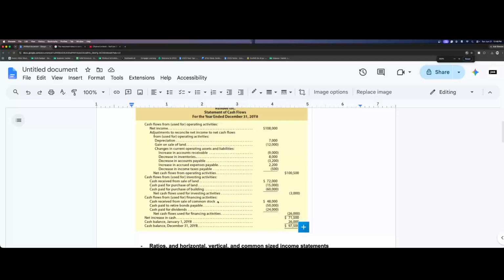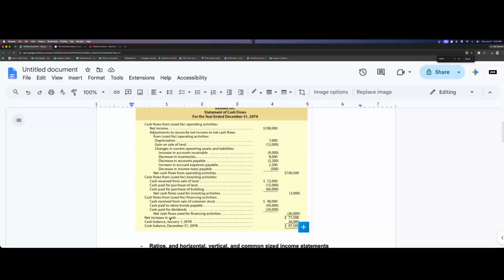Within those, it's going to have net cash flow from or used for. And the operating activity has net income as the top line.